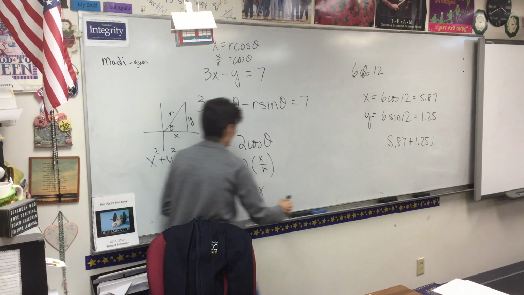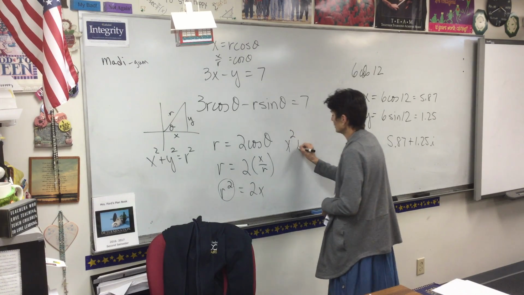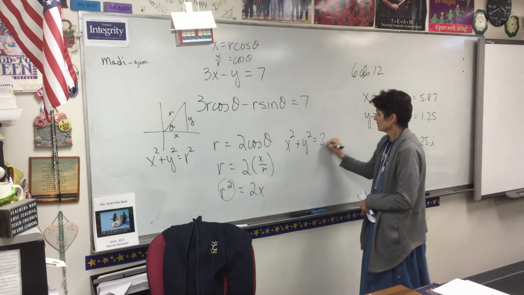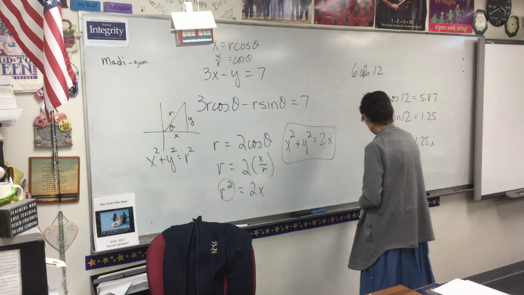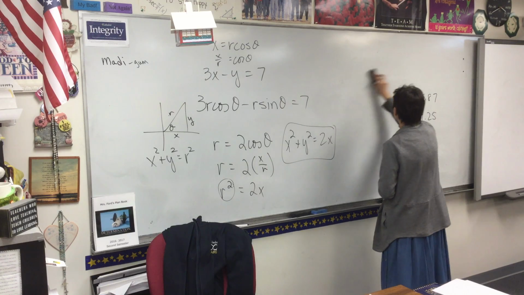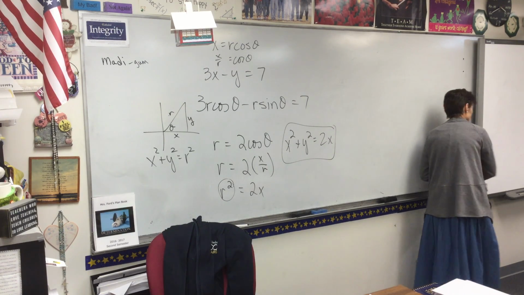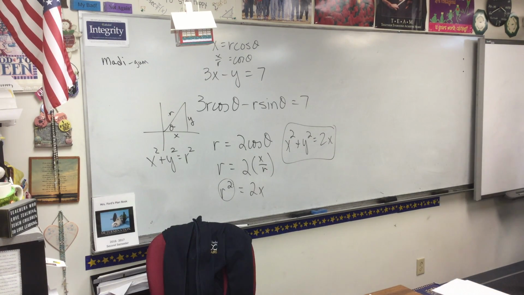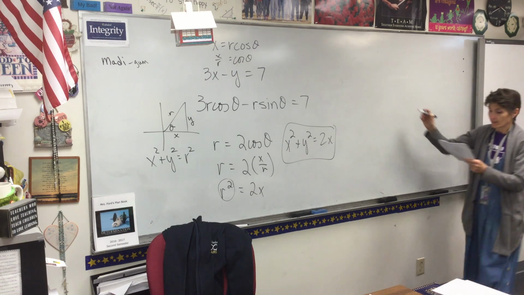We take that out and replace it with x squared plus y squared, and that is your answer. So if you happen to see an r squared, you can always replace it with x squared plus y squared.